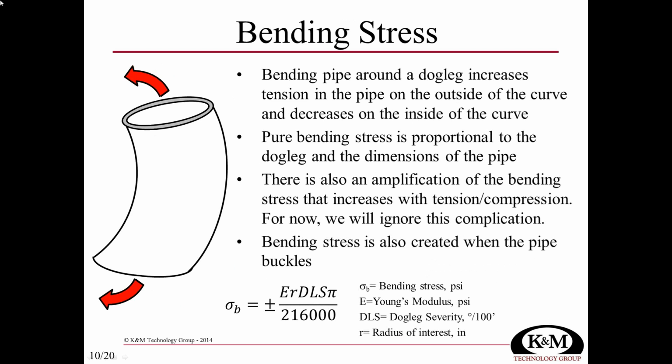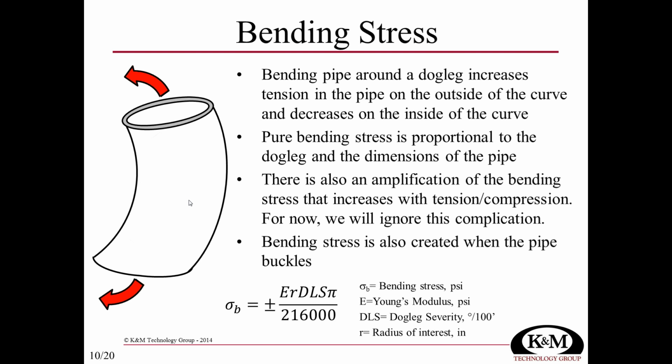Bending stress, of course, wherever you have a dog leg, pipe has to go around that dog leg. So as it goes around this curve, these fibers of the pipe get compressed and these fibers on this side of the pipe get stretched. So there is a change to the axial tension in the string on this side versus this side. This is also a phenomenon that creates a cyclical stress when we start rotating the pipe.